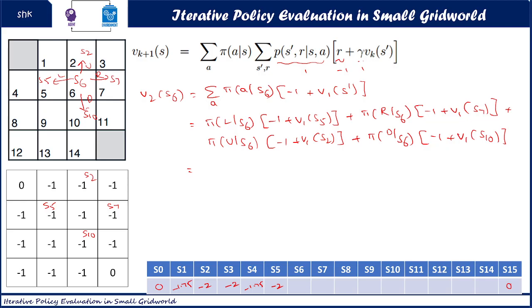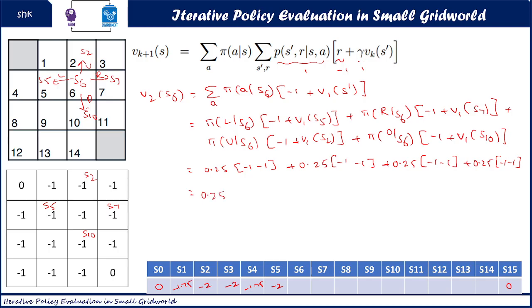So as S2, S5, S7, S10 are minus 1, what can we write? 0.25 into minus 1 plus 0.25 into minus 1 plus 0.25 into minus 1 plus 0.25 into minus 1 minus 1.